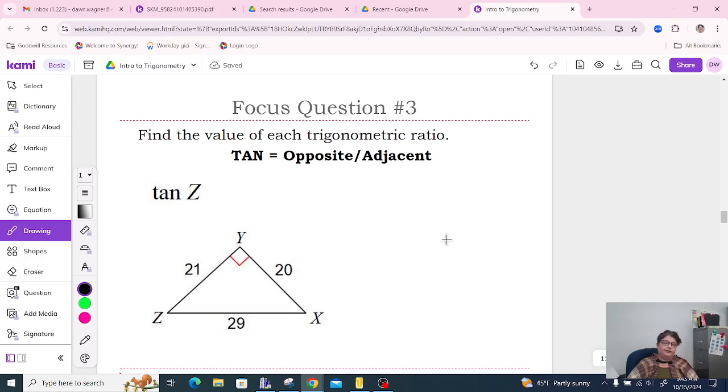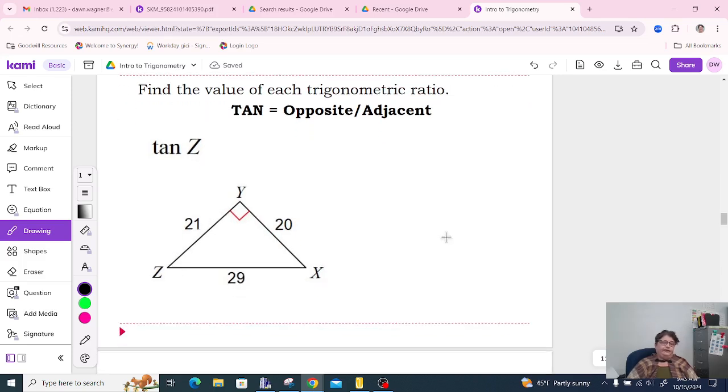Okay, so now I'm going to do tangent. Where do I put my finger? Where am I putting my finger? It's on the Z. They messed with you. Okay. Now, where's opposite of Z? 20. What's the hypotenuse?